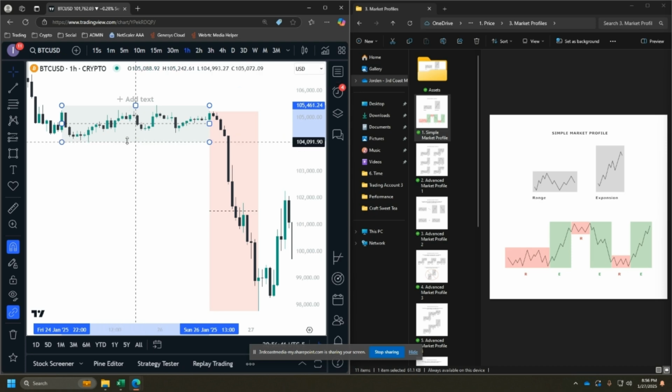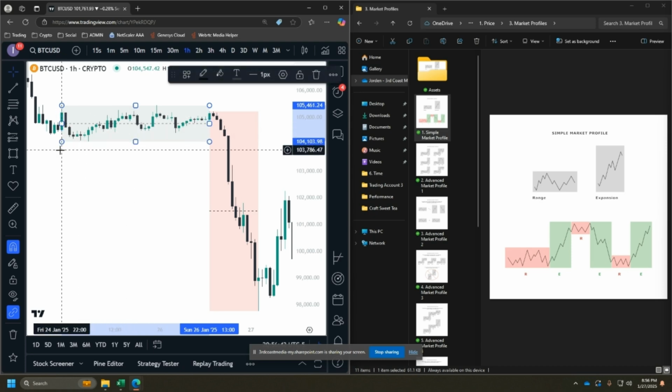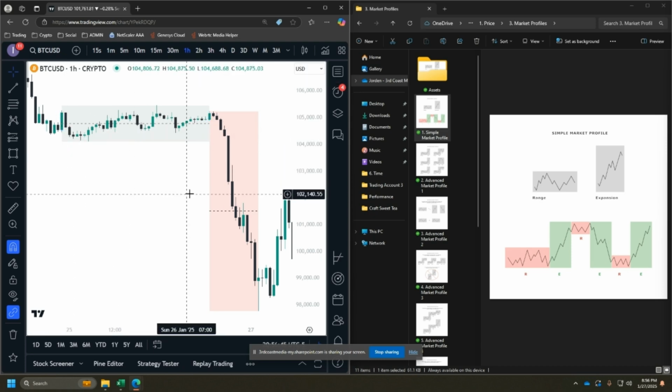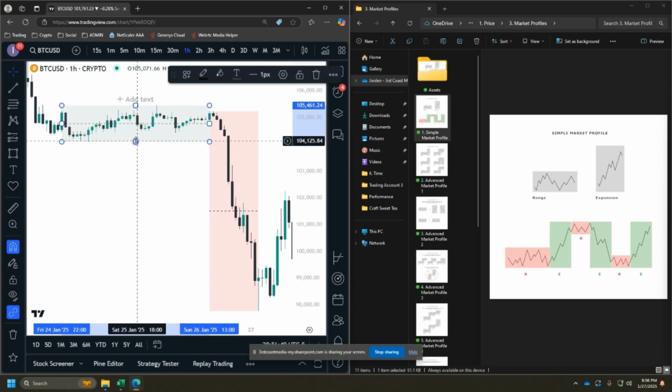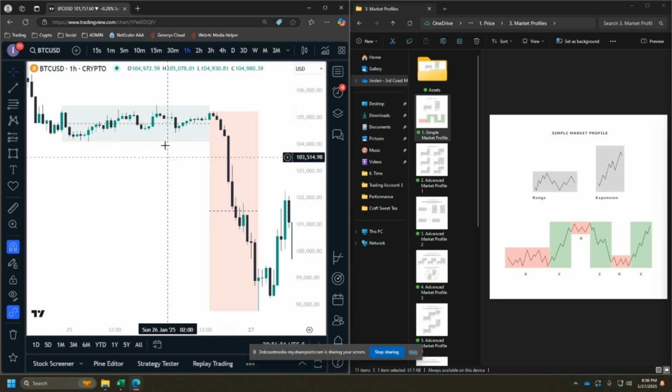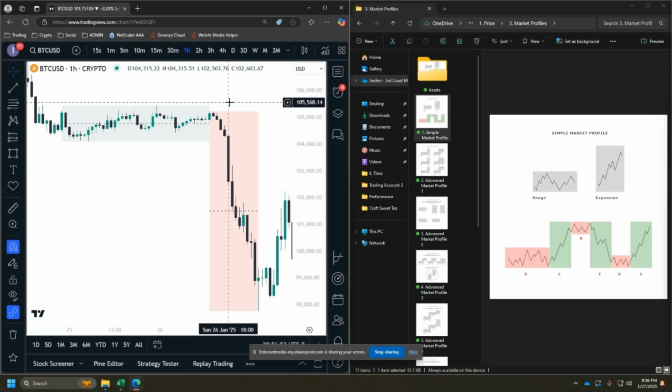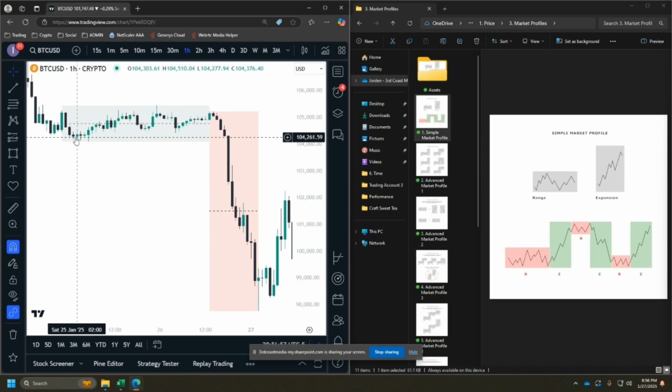For example, if we mark the low of this area, so from here to here, if we look for the high and then we look for the low, we have our range. But as you can tell closely, price had its own pivot points within the range.